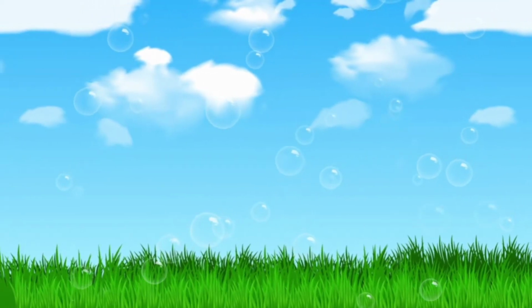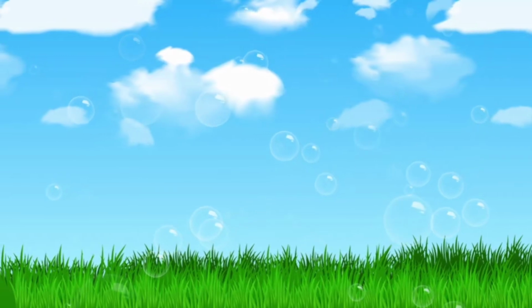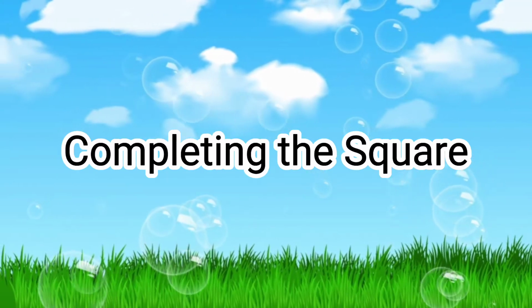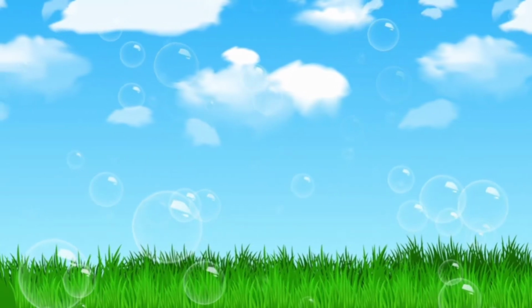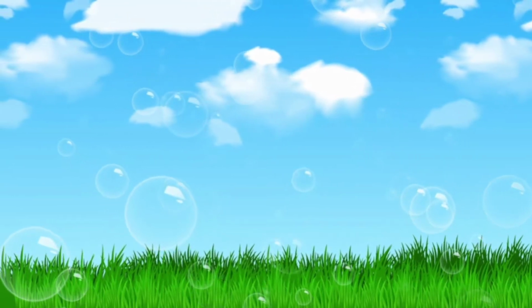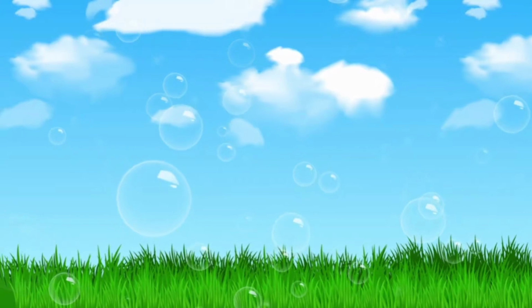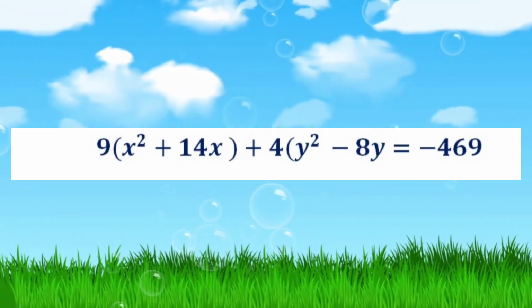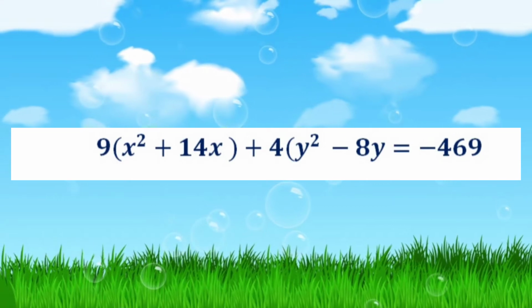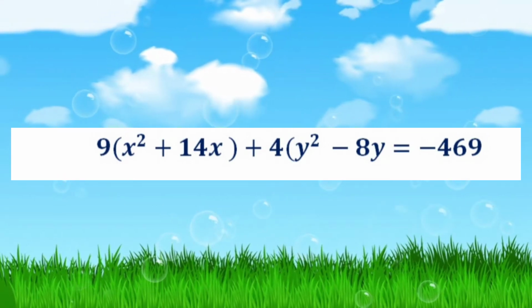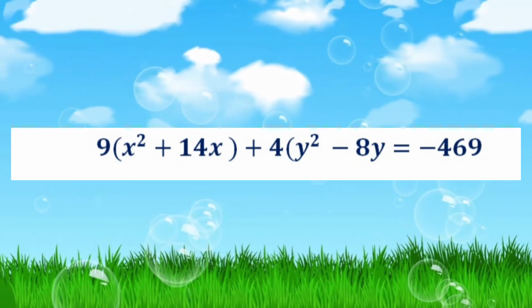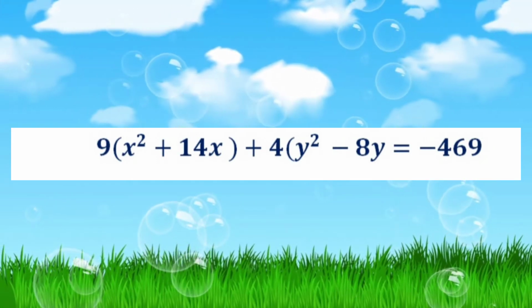So based on our new equation, we need to complete the square in order to reach the binomial squares equation. So we must move 9 out, and the remaining in the parentheses are x squared plus 14x, because 9 multiplied by 14 equals 126x.